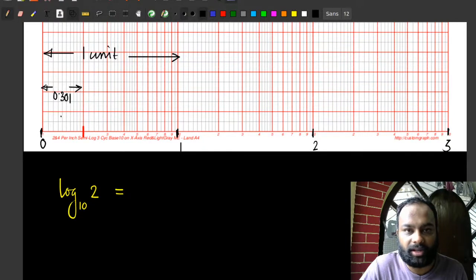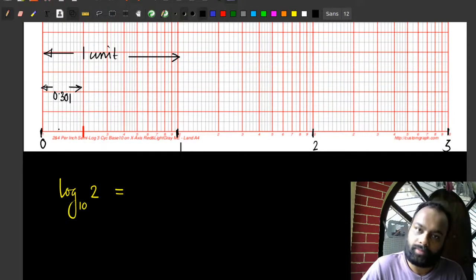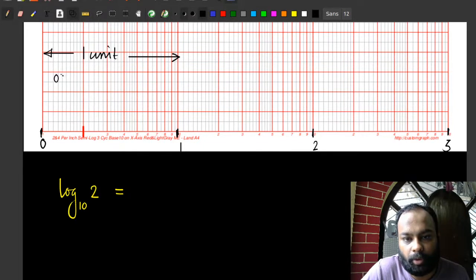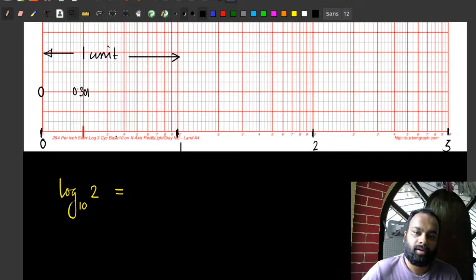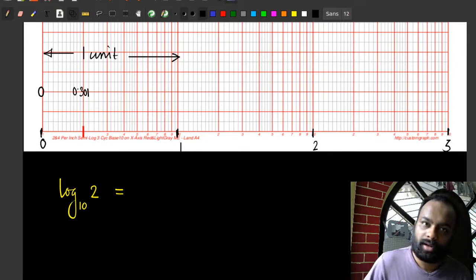All right. So this length is 0.301. So this is at length 0, this is at length 0.301. No issue with that? Got it? No problem, right?